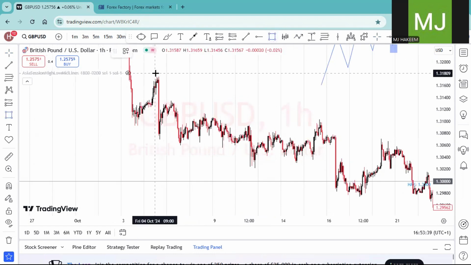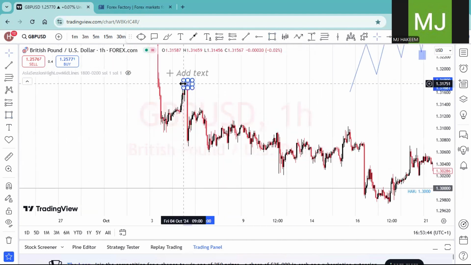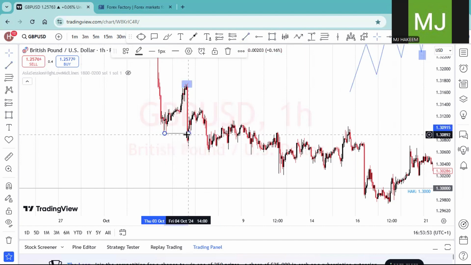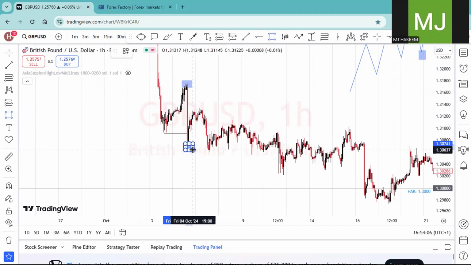We see this is a high, but this high cannot be called a lower high yet until it breaks the last low that the market created. I don't know if you're getting it. If this high has the capacity to break this low, then automatically we already have a lower high, and the low that the market breaks becomes your new lower low.